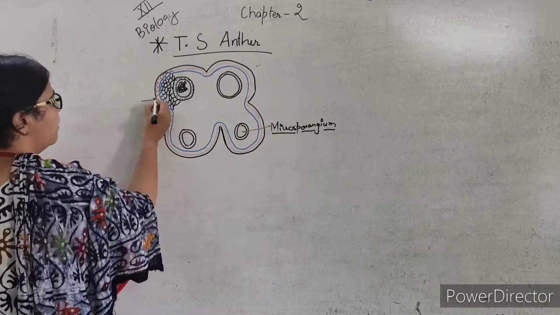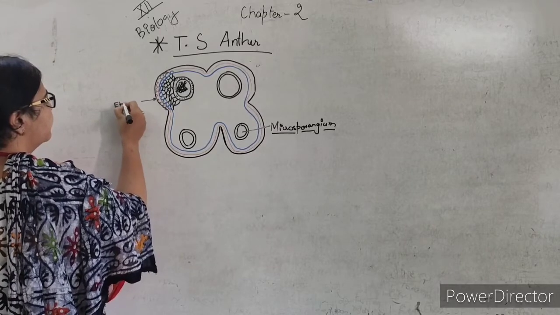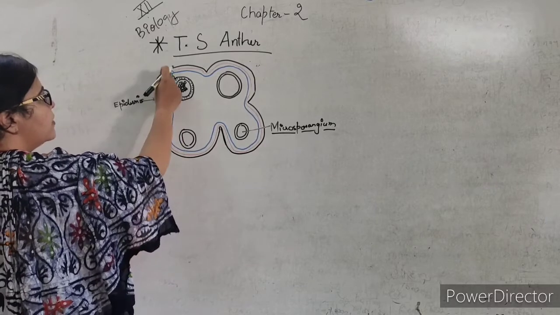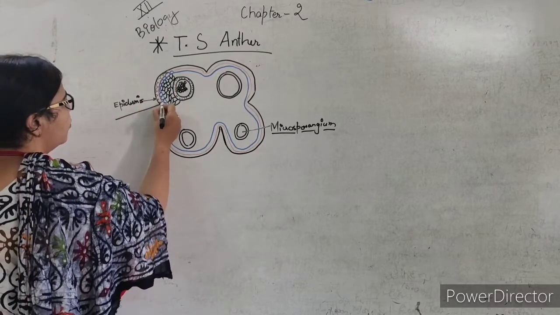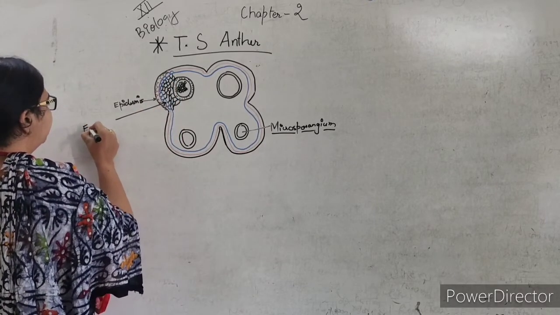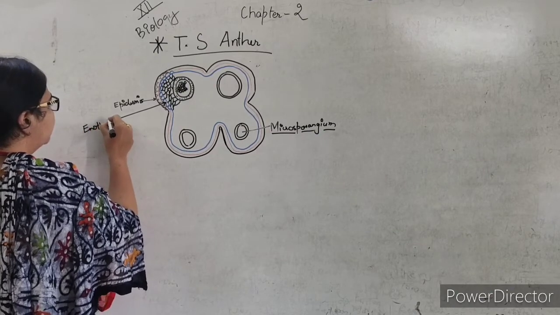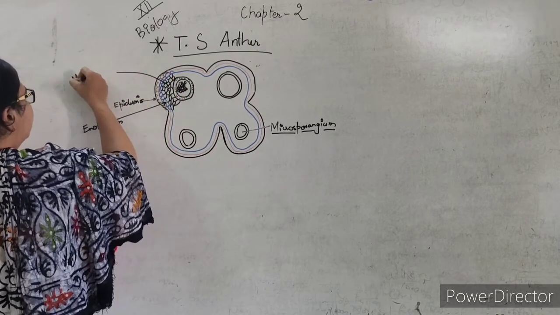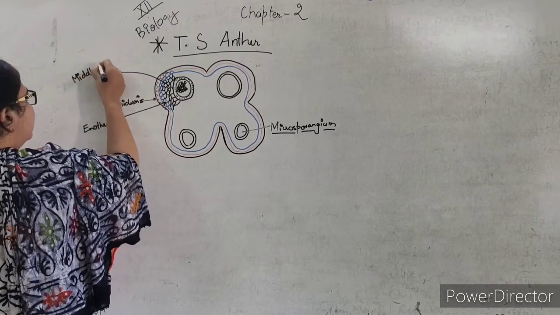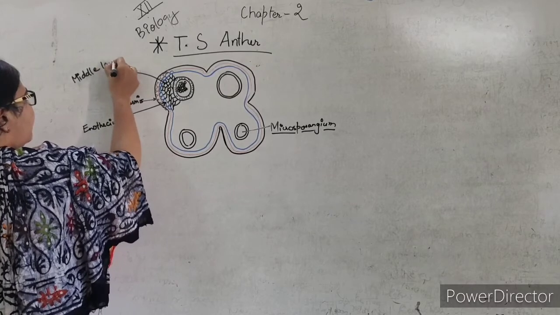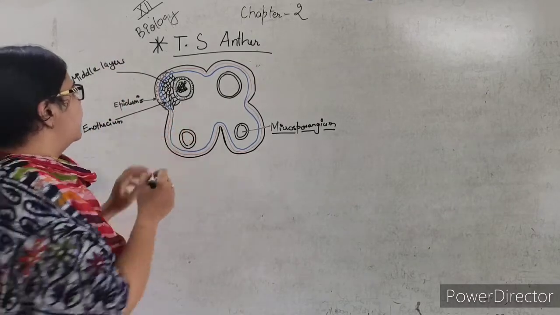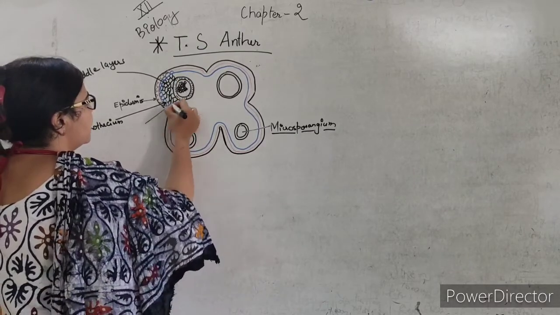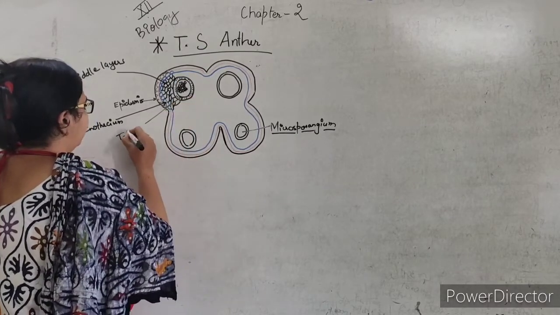The first one was epidermis, the red cells you can see. The second was endothecium, and these layers are middle layers. And we also talked about some cells which were binucleate, and this is the tapetal layer.